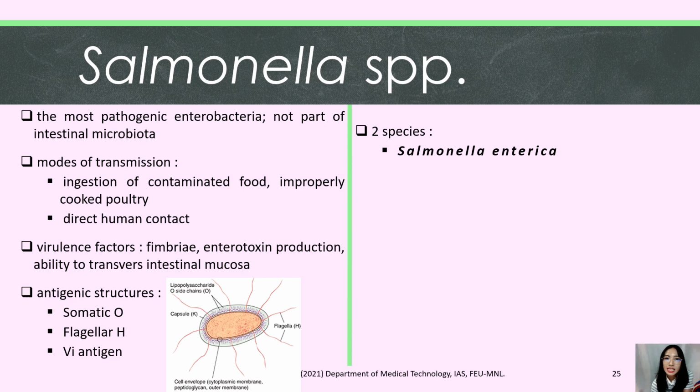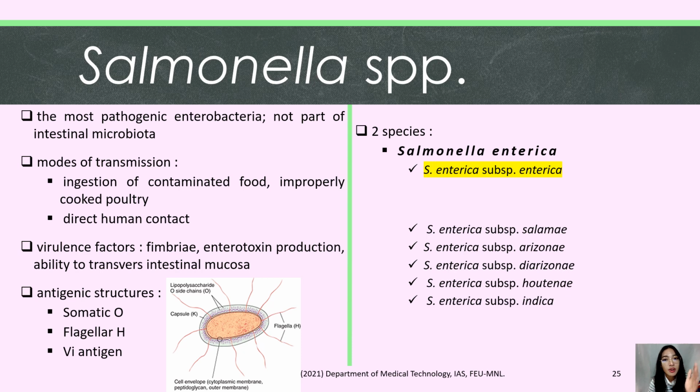Okay, so currently, based on DNA homology and sequencing, the genus Salmonella comprises of only 2 species. So first is Salmonella enterica, and under Salmonella enterica are 6 other subspecies. Okay, so ayan po, ito yung Salmonella subspecies: enterica, salamae, arizonae, diarizonae, houtenae, and indica.